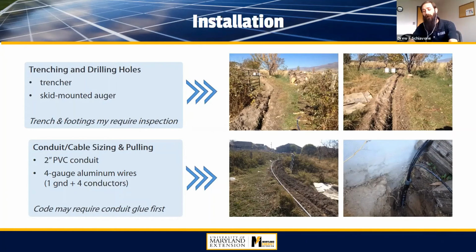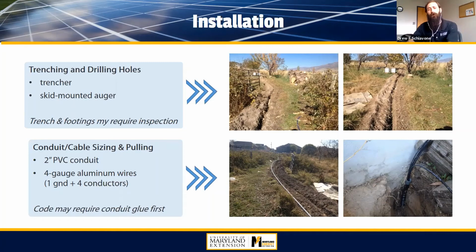And I'll point out, as we go through this example, this will give you an opportunity to assess what part of this is doable yourself, what part you'll have to contract out, because there are a lot of different technical aspects, and there are a lot of different permitting aspects that you'll have to cross to get to the finish line.